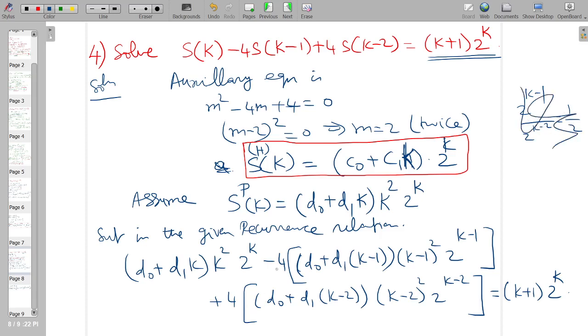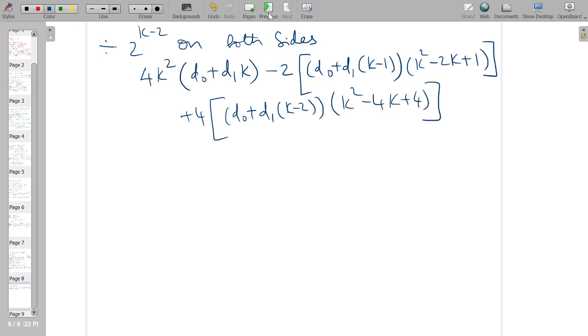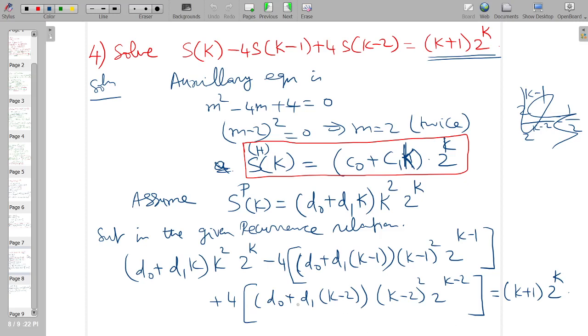So now what about this? I'll have plus 4 into d naught plus d1 into k minus 2 into k squared minus 4k plus 4. 2 power k minus 2 gets cancelled.